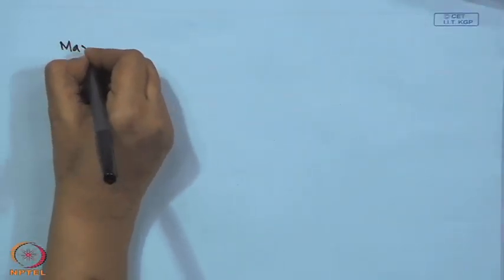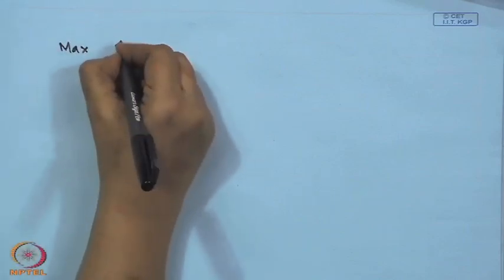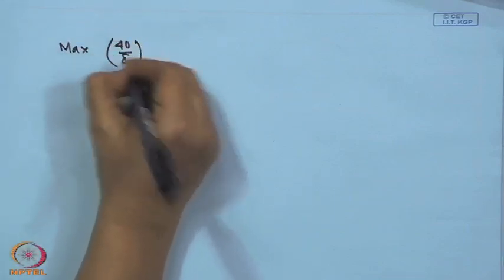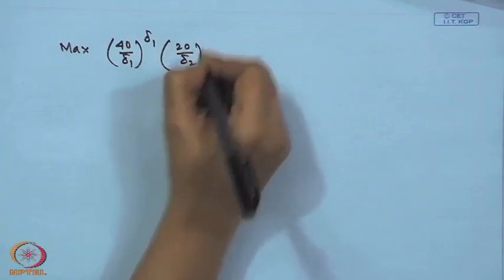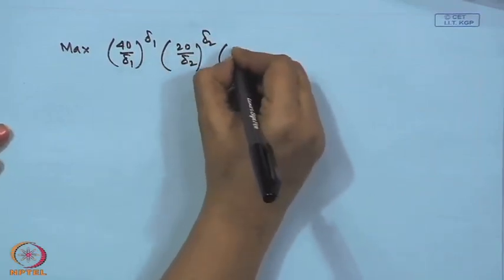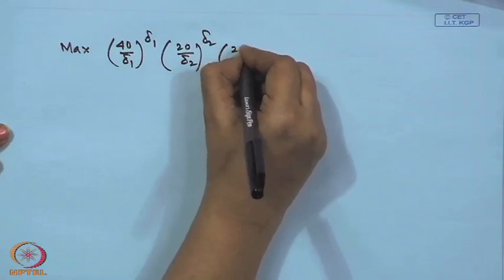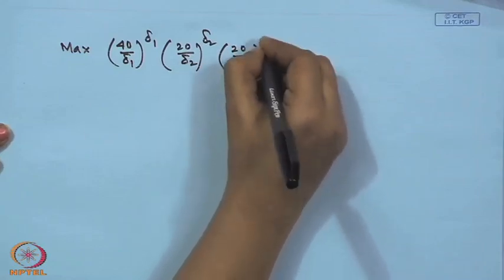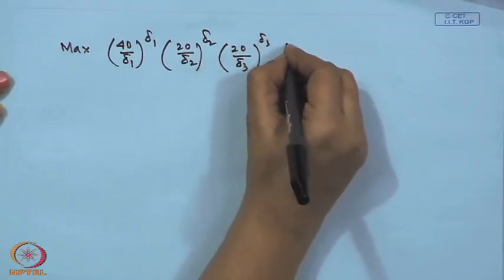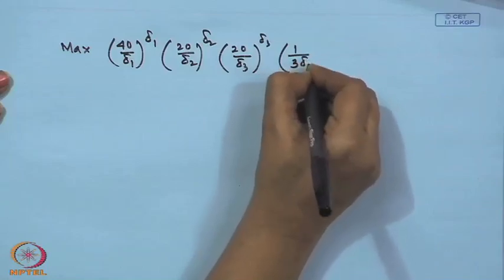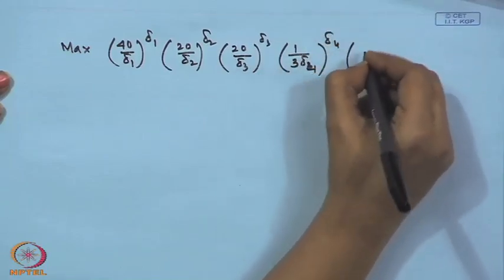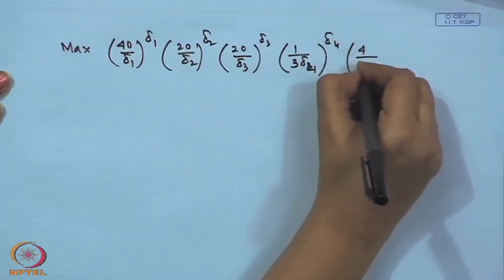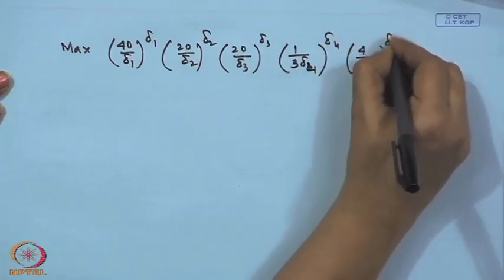The dual is a maximization problem, maximization of C1 delta 1. That is why it is coming 40 by delta 1 to the power delta 1, 20 by delta 2 to the power delta 2. These are the terms we are getting from the objective function, delta 3, and from the constraint we are getting delta 4 and 4 by 3 delta 5 to the power delta 5.